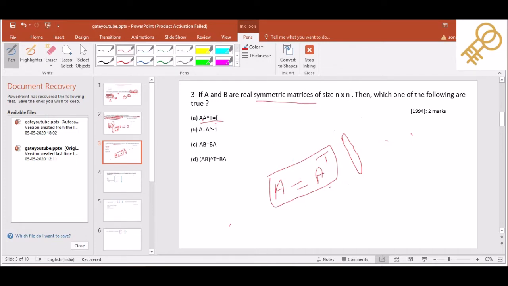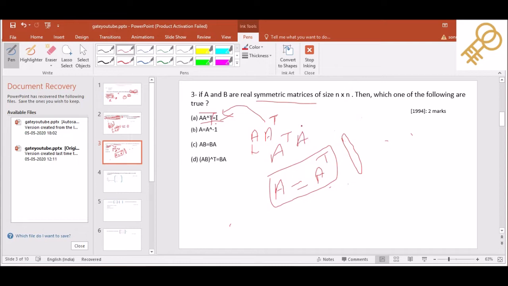Now coming to the first option, we have to prove the right hand side with the help of the left hand side. So we take A transpose. If we are able to determine the right hand side value, then this will be our correct option. Here we can replace A transpose with A, because the question already says it is a symmetric matrix.